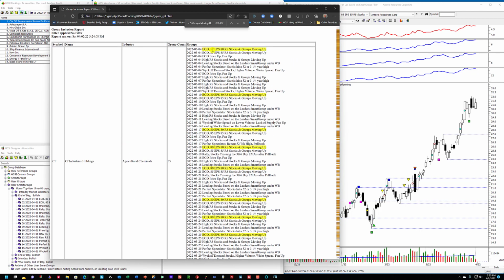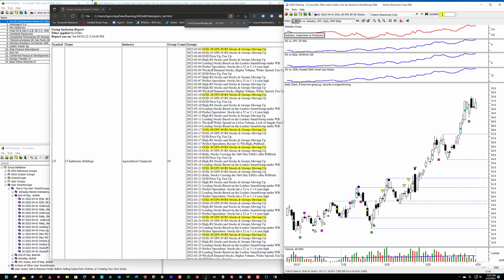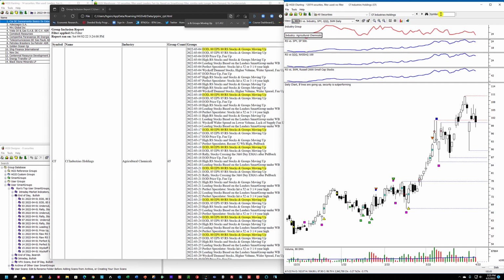Like I said, let's look at CF. It goes back to March 4th. I'll bring CF up over here, and I'll bring a crosshair up. On March 4th, which is right here, that's the first date that I captured. I'm sure it would have shown up before that, but this is the first date that I captured.